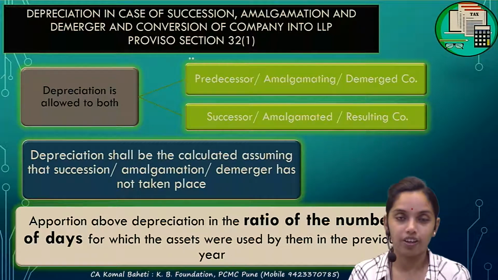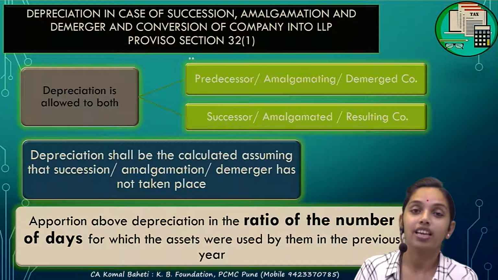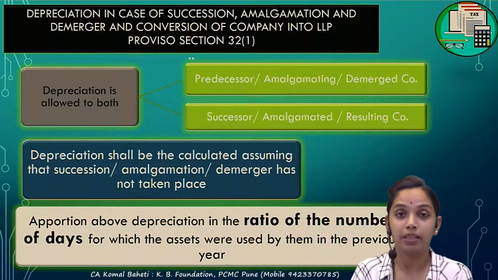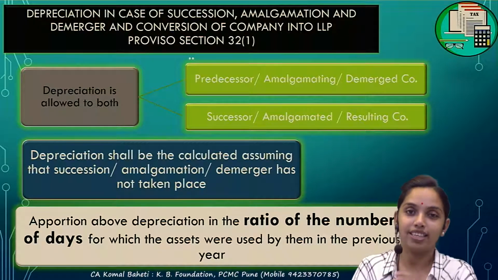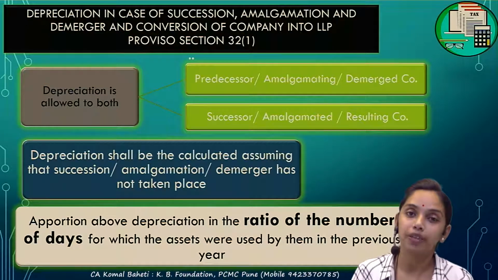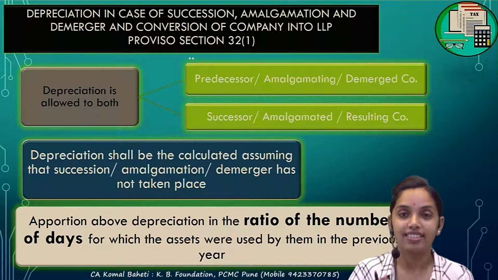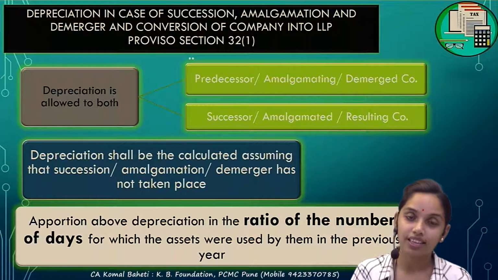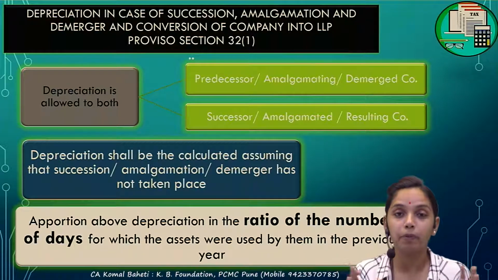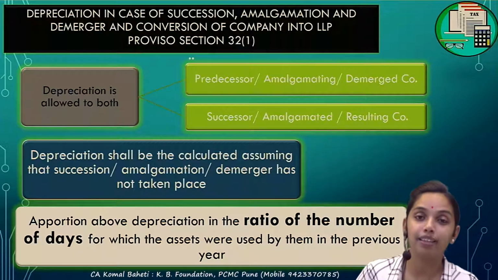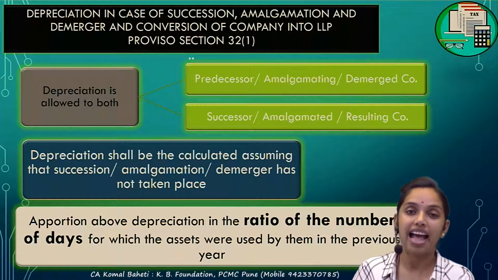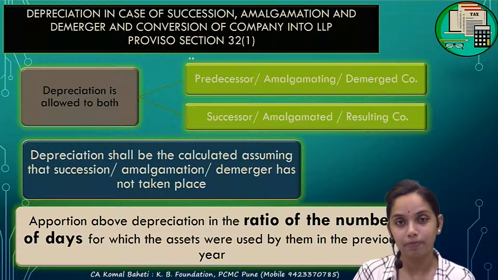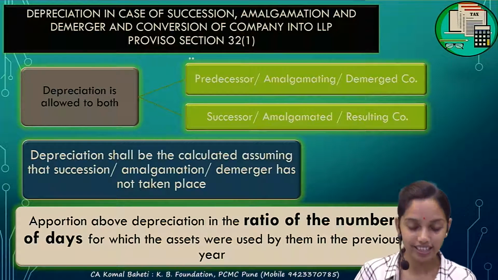If out of 365 days the asset has been used for 300 days by the predecessor, then 300 days of depreciation should be allocated to the predecessor, and 65 days of depreciation should be given to the successor. So it should be apportioned between both of them in proportion to the number of days the asset was used by them. Are you clear with it?